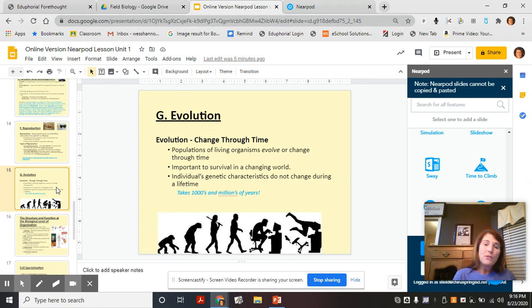This changing through time is called evolution, which we will also study this year. And evolution, just to let you know, doesn't happen overnight. For viruses, it happens a little quickly, but viruses aren't alive, and we're going to get to those later. But it usually takes thousands to millions of years for something to evolve.